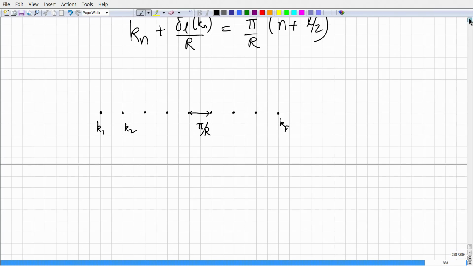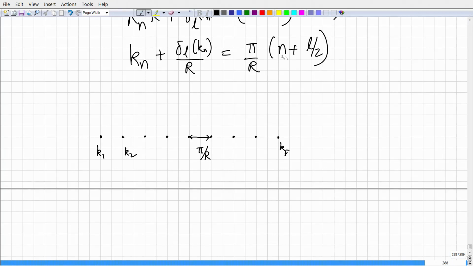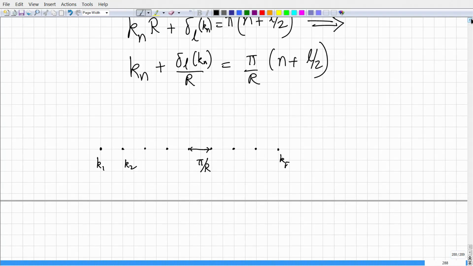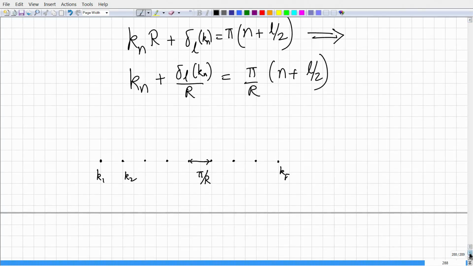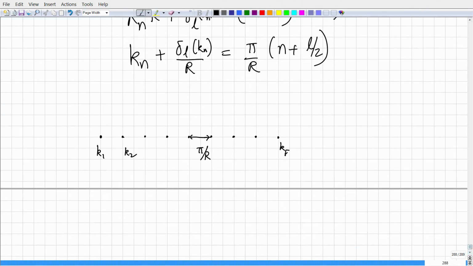Because n is an integer, in going from one to the other, in the case of a free electron, pi by r is the difference.